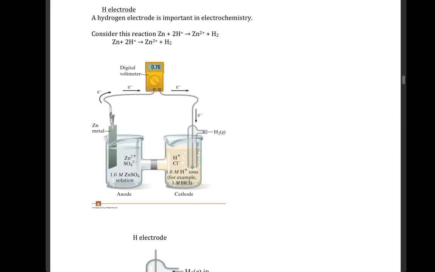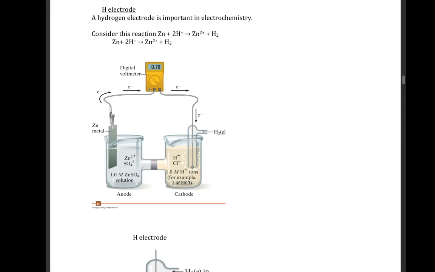We get our zinc electrode in a compartment with the Zn2+ solution. We have that external wire connecting to a voltmeter if we want to measure the potential involved. Over on the right side, the cathode side, we have what's called the hydrogen electrode.